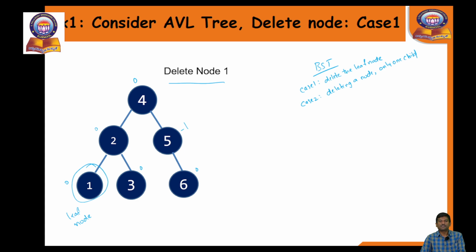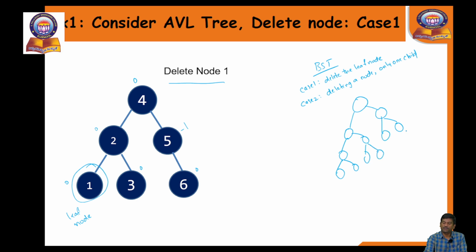In such cases, make a link between the parent and the child. Consider some node that is present, and similarly there are certain nodes present below it.